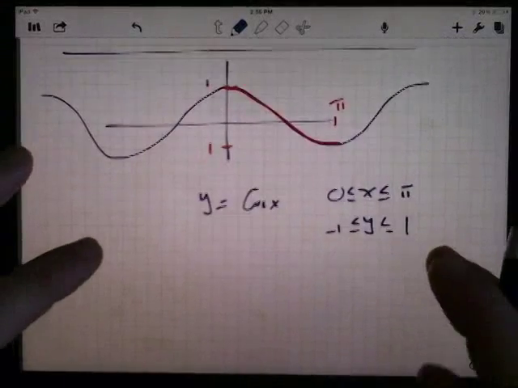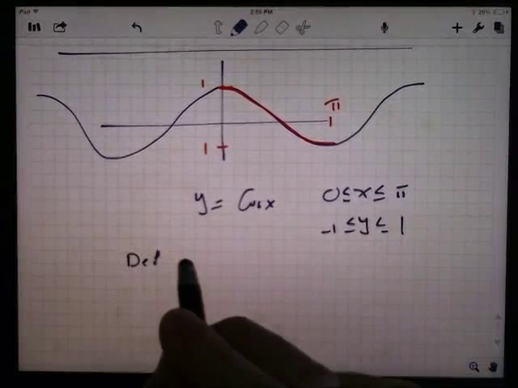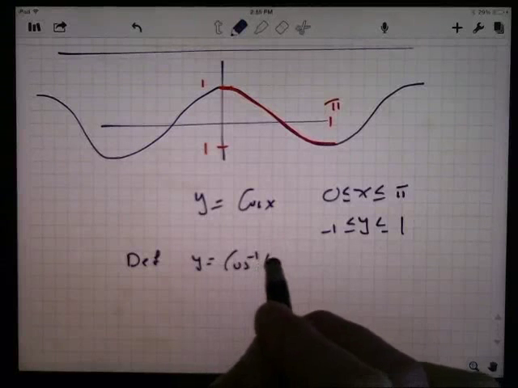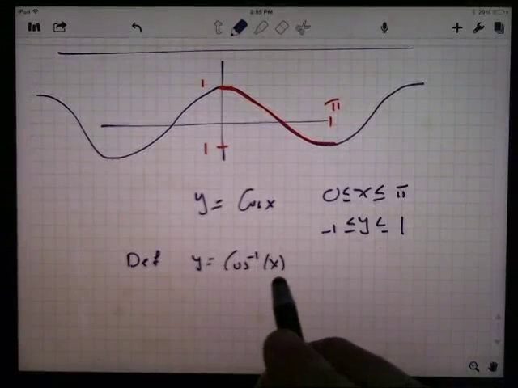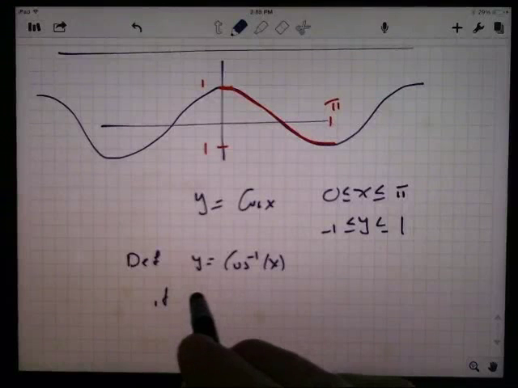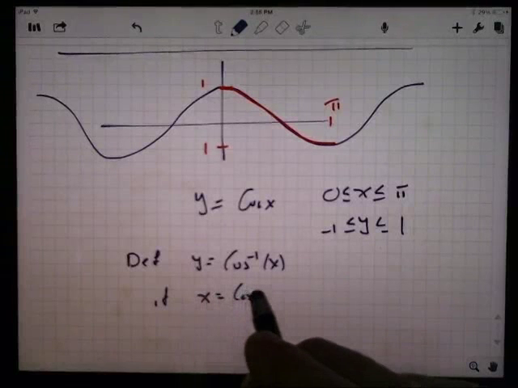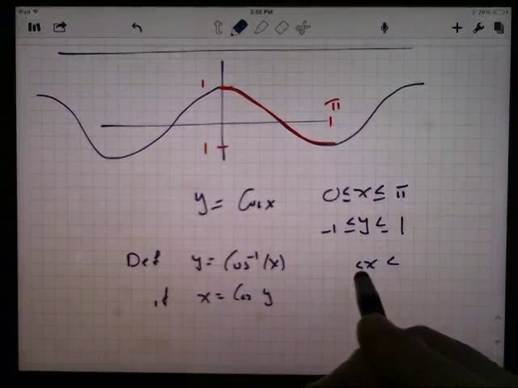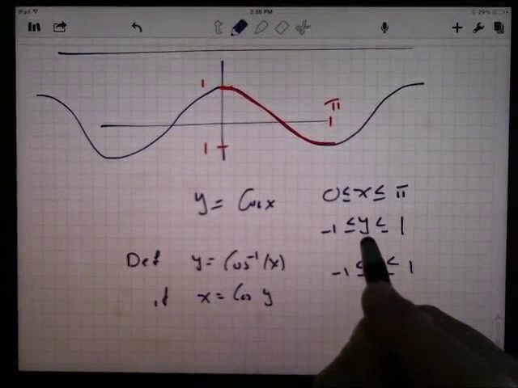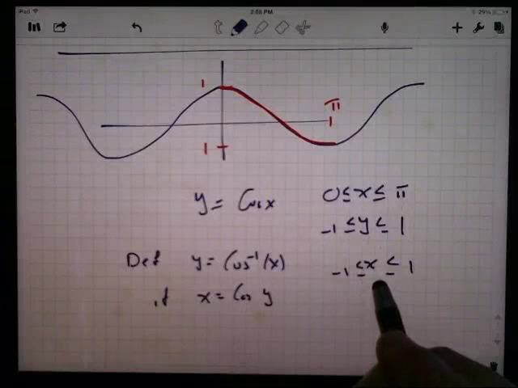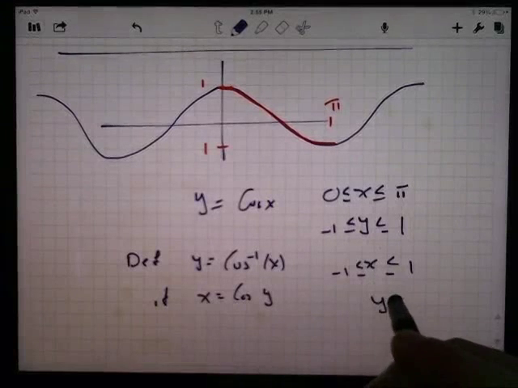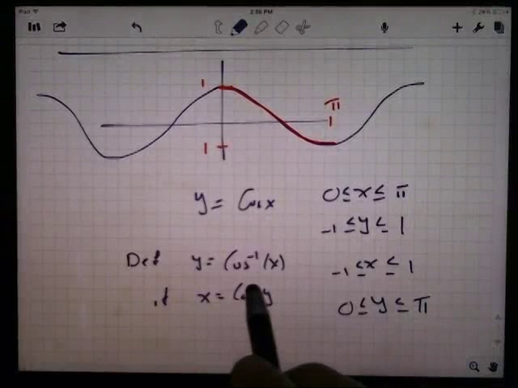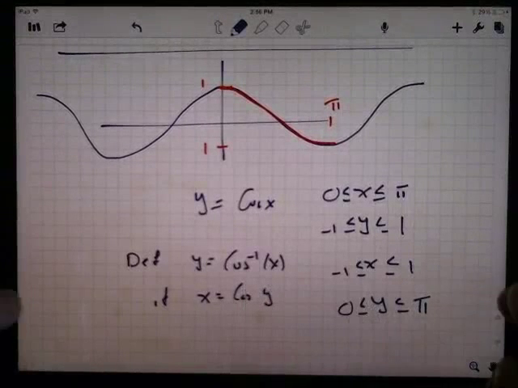So when I invert it now, define y equals the angle whose cosine is x, or the inverse cosine x, or the arc cosine x, if x equals cosine y, where x now is between minus 1 and 1. The restriction on y now becomes the restriction on x, and y is somewhere between 0 and pi. The output of the inverse cosine is going to be somewhere between 0 and pi.